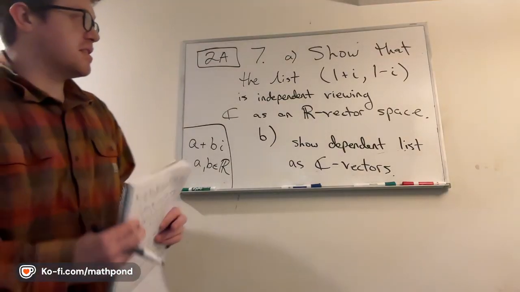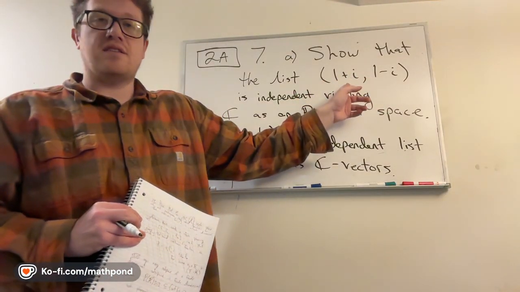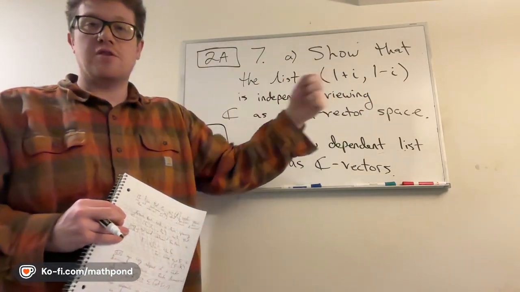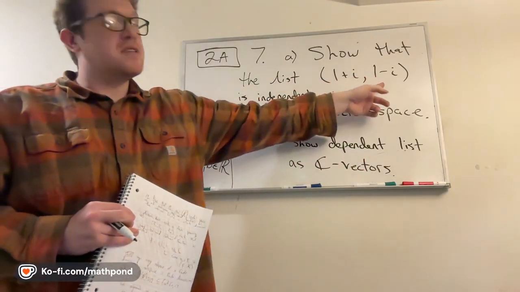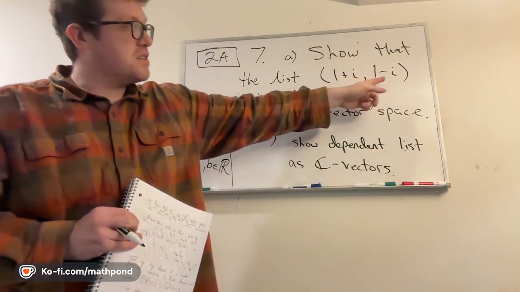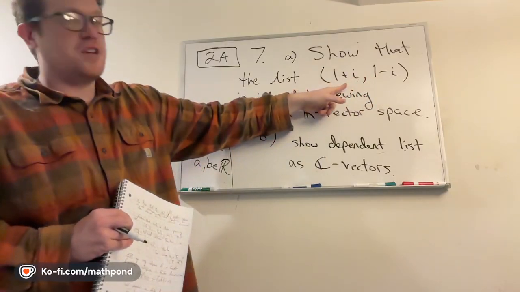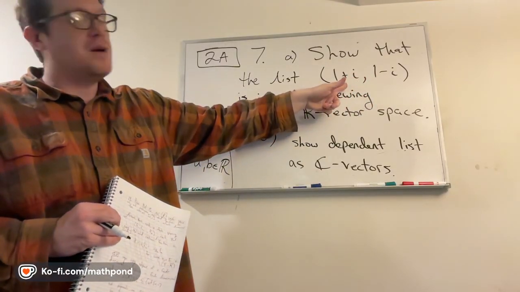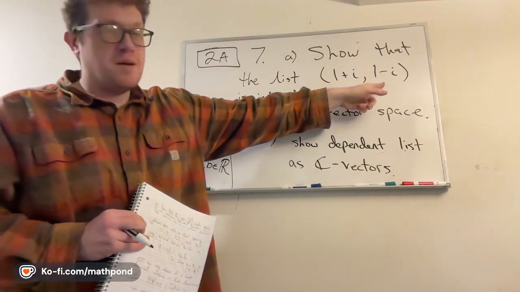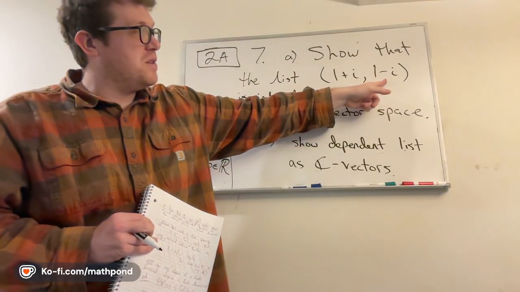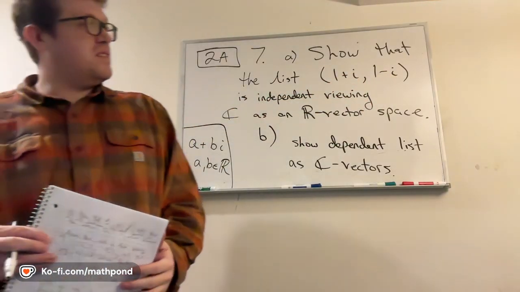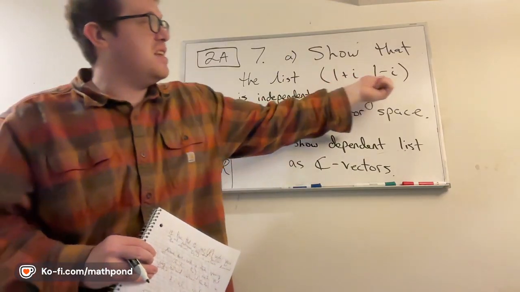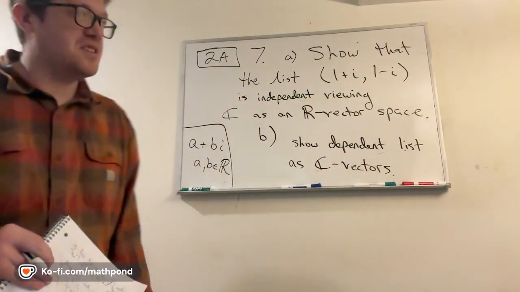If we view them as complex vectors where the scalars are allowed to be complex numbers, then this list is dependent because the second number is a scalar multiple of the first number. Can anybody tell me what scalar multiple? Something times 1 plus i equals 1 minus i. What is the something?